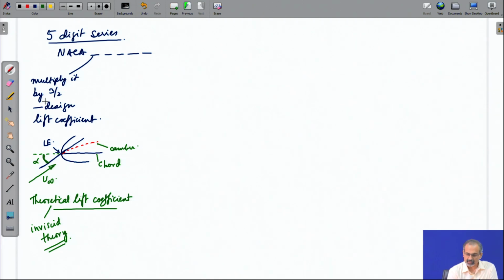So, that is what is called the design lift coefficient, the theoretical lift coefficient which will occur under this situation. So, if you multiply the first digit by 3/2, you get that value.